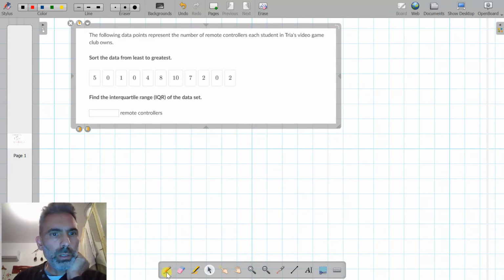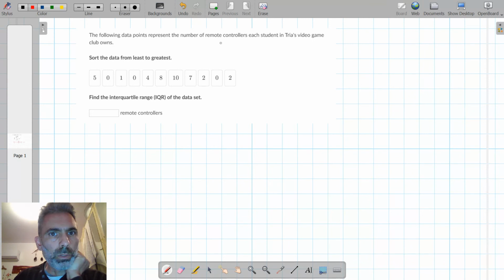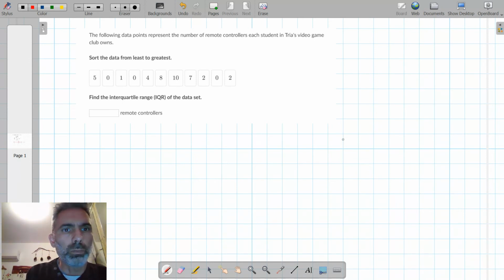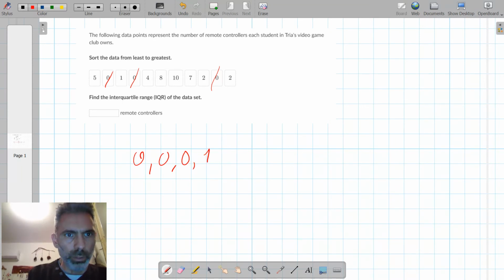Okay, the following data points represent the number of remote controllers each student in Tria's video game club owns. Okay, so first we need to sort the data from least to greatest. So we have 0 and another 0 and another 0, then 1, 2.